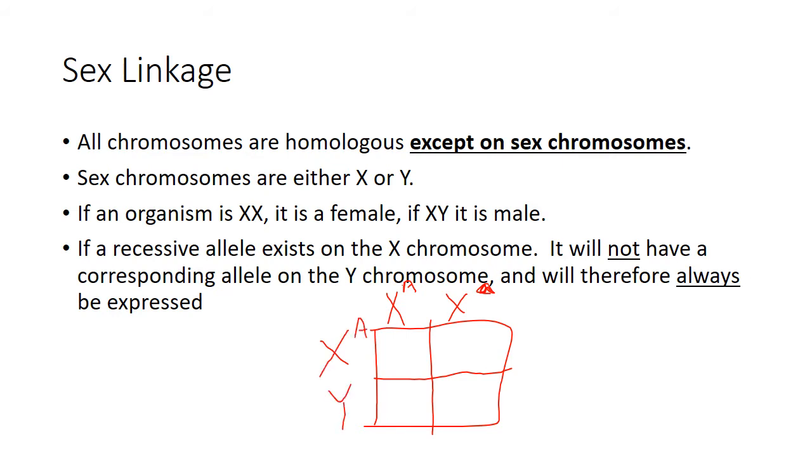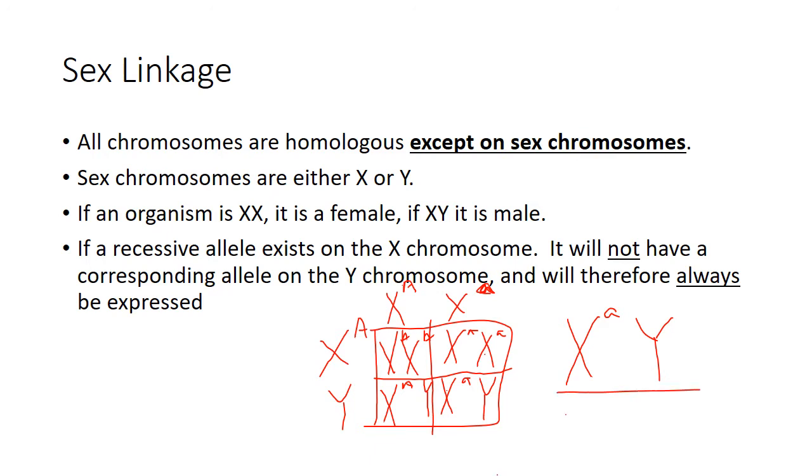When we do this cross, we get one female who is dominant for both traits, so she's normal. One female who is normal but carries the little a. One male who is normal, does not have the trait, and one male that has the trait. That X little a, because he does not have the corresponding allele on the Y chromosome, shows. Now, for a girl to show, she must have two X's with the little a.